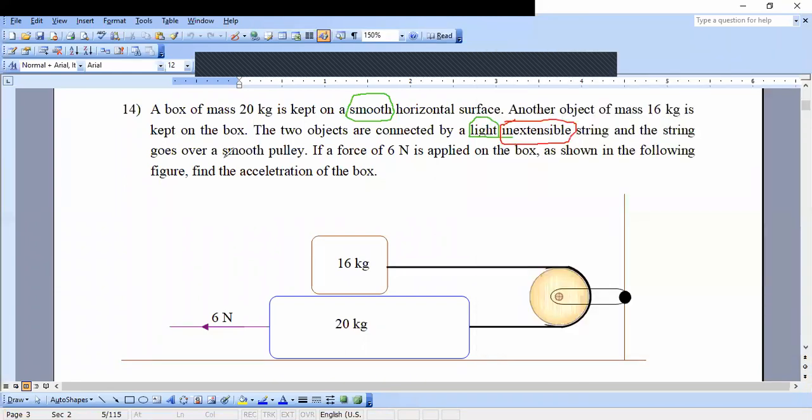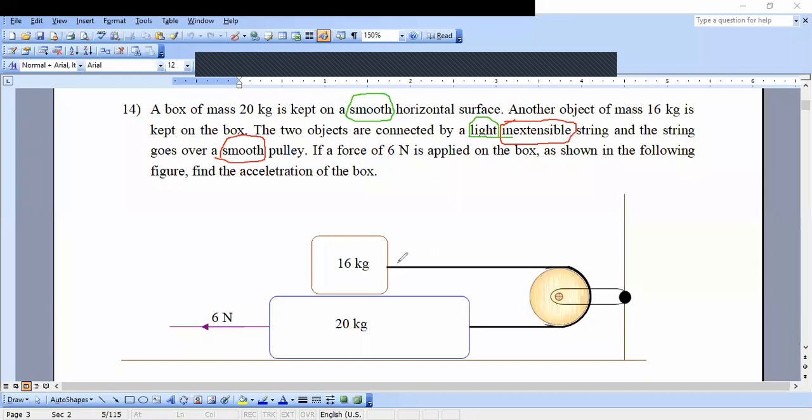Then the string goes over a smooth pulley. What is the meaning of smooth pulley, dear? No friction. If a force of 6 Newton is applied on the box as shown in the following figure, find the acceleration of the box. Now you see, there are no friction forces.